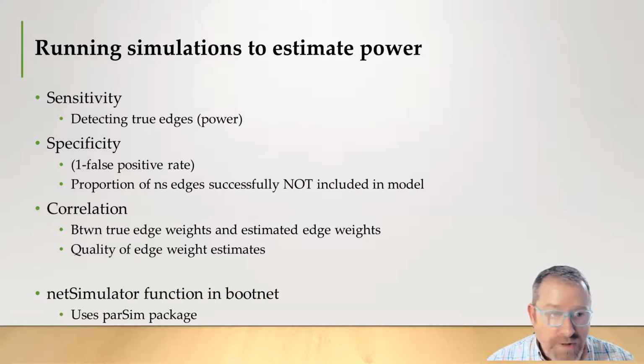First, they have a whole simulation package to help you estimate power. It helps you estimate sensitivity: how much power do you have to detect true edges? Specificity: how much power do you have to successfully not include edges that shouldn't be there? And correlation.